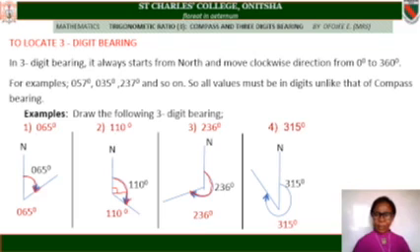Then in number 4, 315 degrees, you see the arrow start from north and move to where we have 315 degrees because it is not up to 360. So this is how you will always locate your 3-digit bearing. It must start from the north, remember, but in compass bearing, it says in between the north, south, east, and the west.